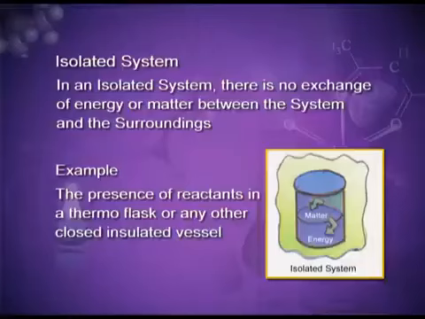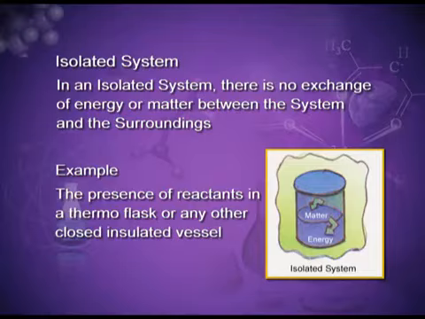Also, it is closed from the above and matter can also not be exchanged between the system and the surrounding. This is an example of an isolated system. No exchange of matter and energy between the system and the surroundings. In an isolated system, there is no exchange of energy or matter between the system and the surroundings.